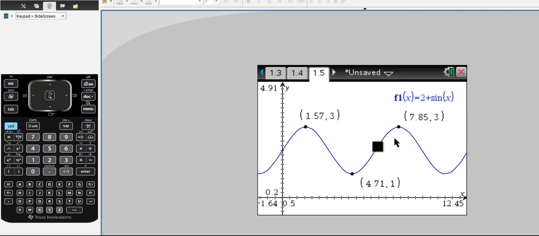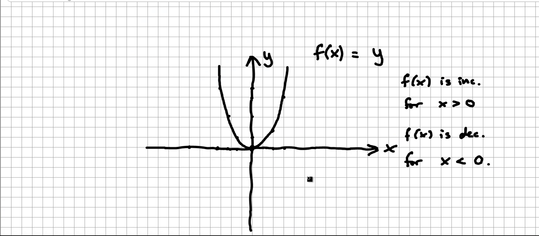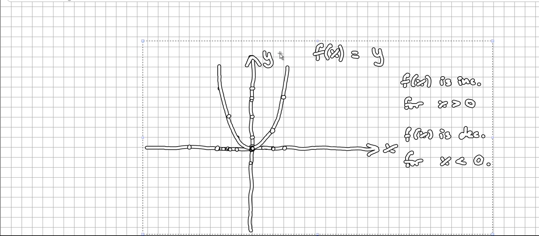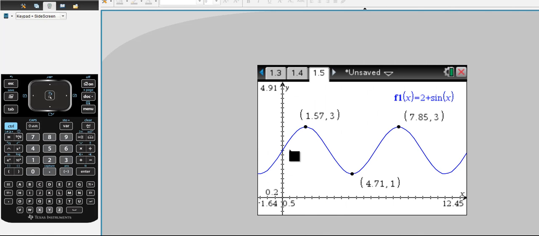So how do we write these values? If I delete everything, the first interval, let's go from 0 to 10. So from 0 to 1.57.